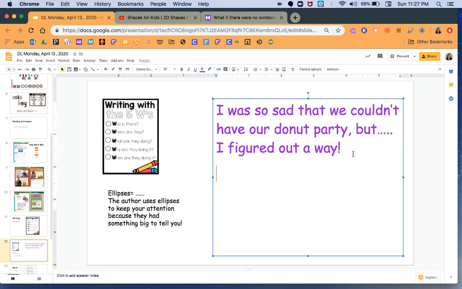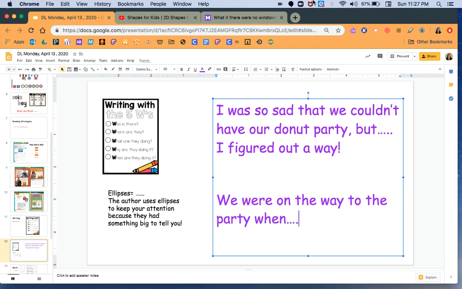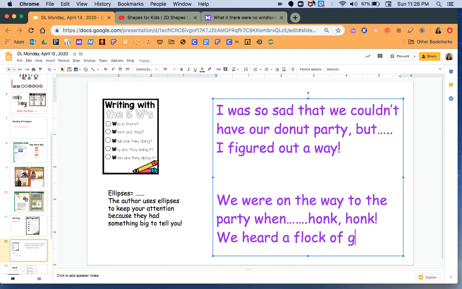So let's think of another one. Can you think of one while I'm trying to think of it? We were on the way to the park when... honk, honk... we heard a flock of geese.